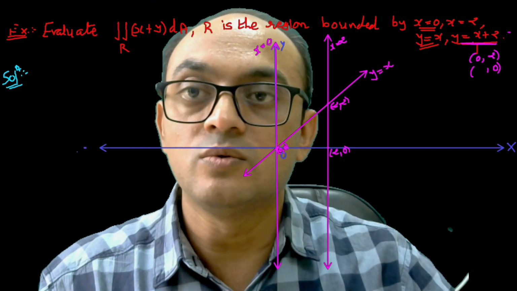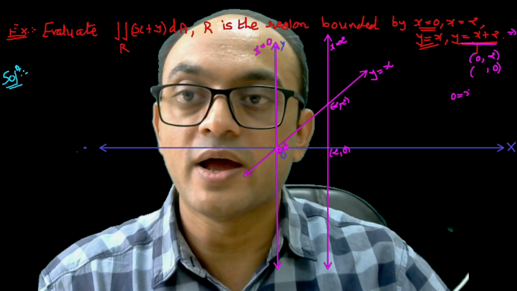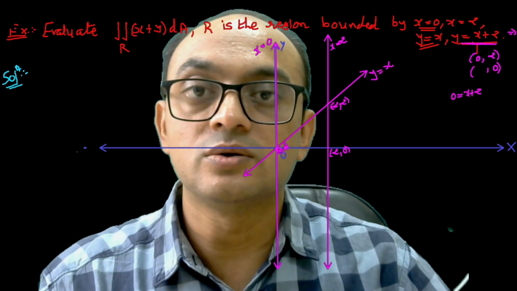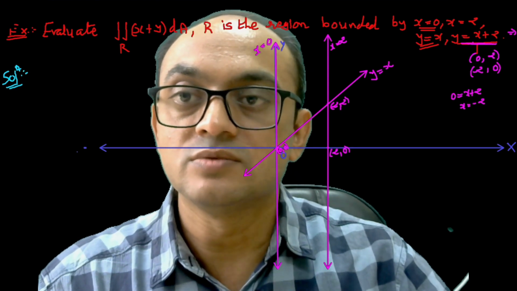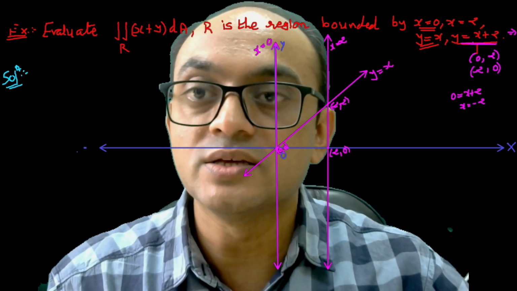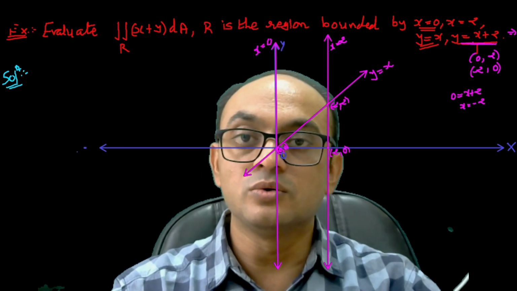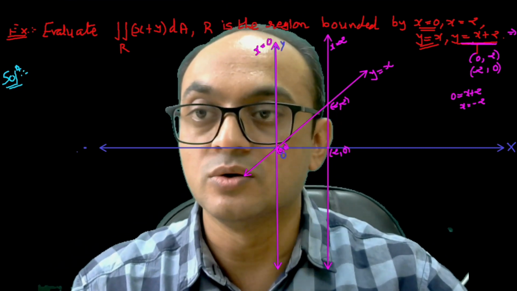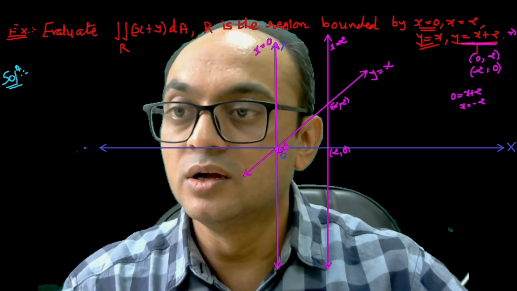So when y is equal to 0, 0 is equal to x plus 2, and so the value of x is equal to minus 2. So this is minus 2, 0. So the line y is equal to x plus 2 is passing through 2 points, 0, 2 and minus 2, 0. So let us mention these 2 points first on the region.